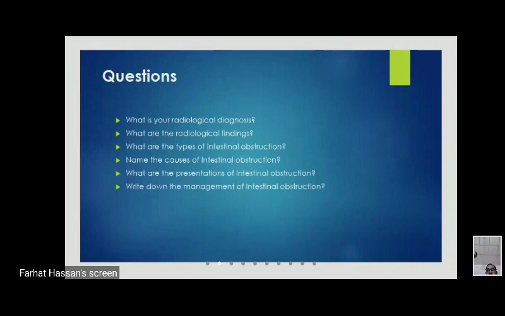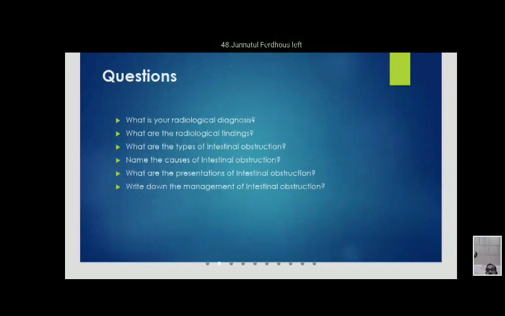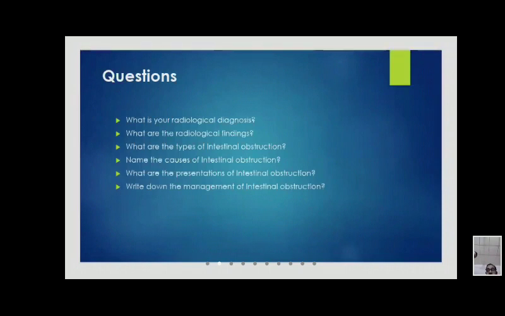So next, is it clear? Yes sir, clear. The most important thing is, after initial resuscitation, if the patient develops strangulation, or if the patient does not respond to conservative treatment, in that case you can go for surgical intervention.